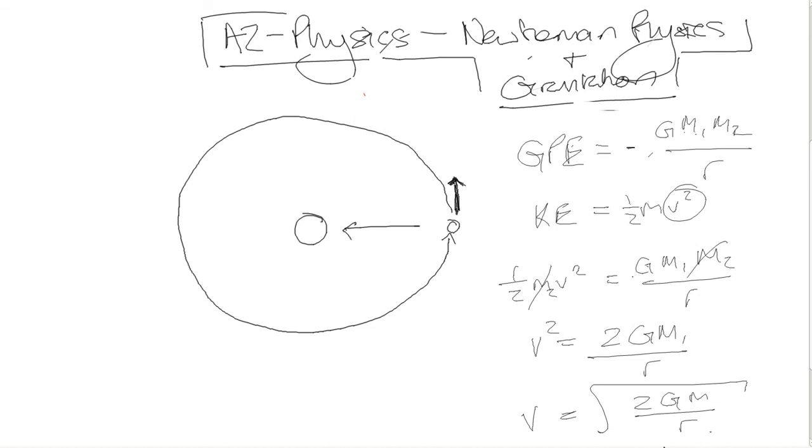Notice the difference between the previous one. It's basically the square root of 2 times larger. This is the escape velocity. This is the velocity required for the object to escape this particular object, in this case the Earth's gravitational pull. So I think that's about it on basic Newtonian and gravitational fields.